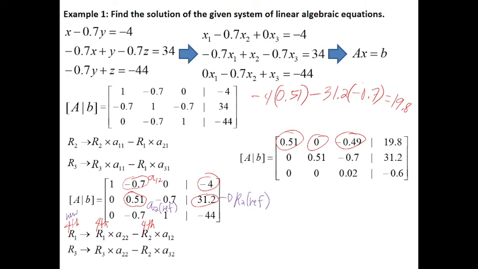So, using my calculator, negative 4 times 0.51 minus 31.2 times negative 0.7. Negative 4 times 0.51.